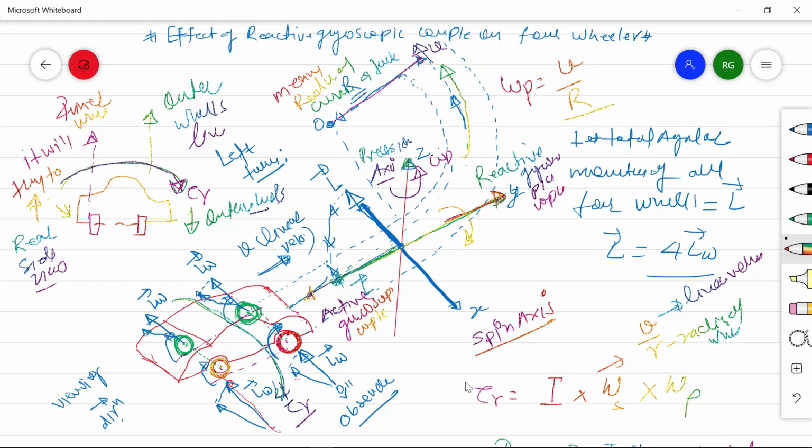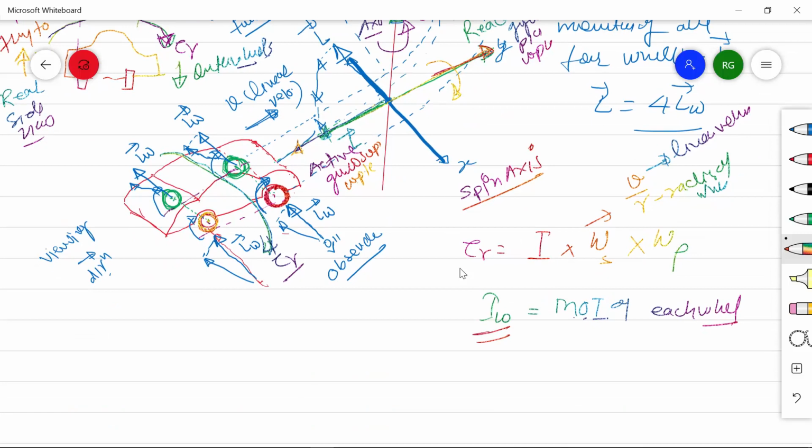So we can say tau R becomes 4 I w, then omega spin of wheel, or you can say omega w, which is small v by small r, multiplied by omega p, which is v by capital R. So this is the magnitude of this reactive gyroscopic couple.